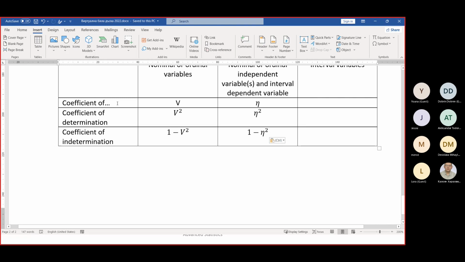If we are in the first row, then if the coefficient is between 0 and 1/3, the relation is weak. If the coefficient is between 1/3 and 2/3, the relation is moderate. And if the coefficient is between 2/3 and 1, the relation is strong.